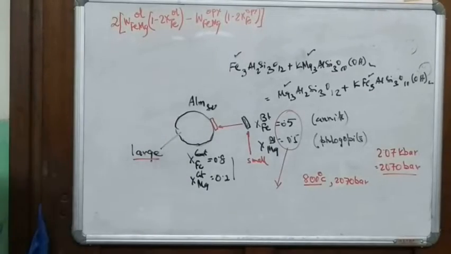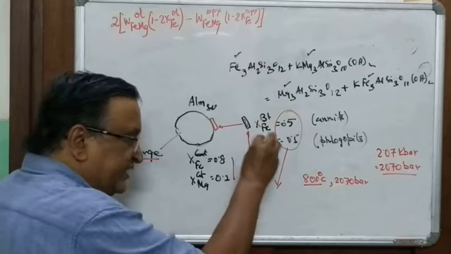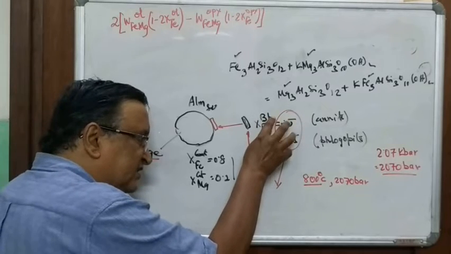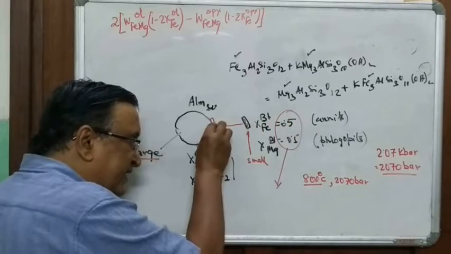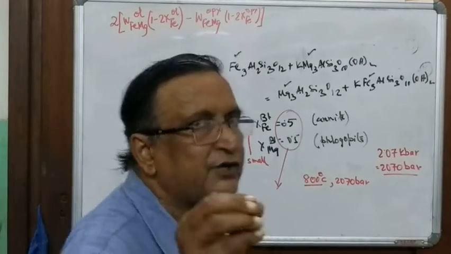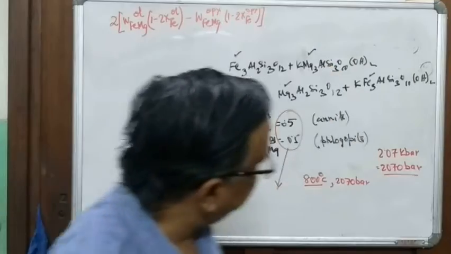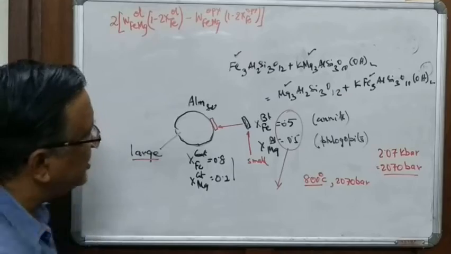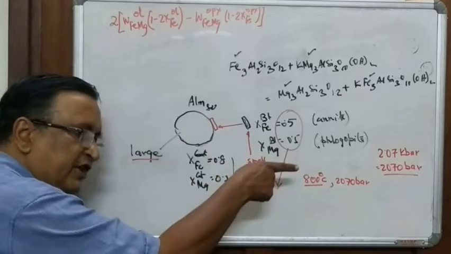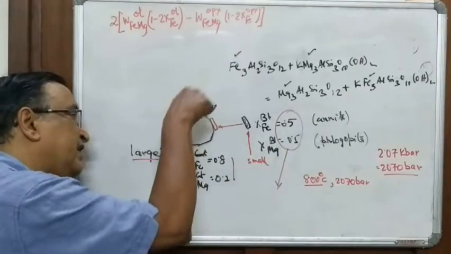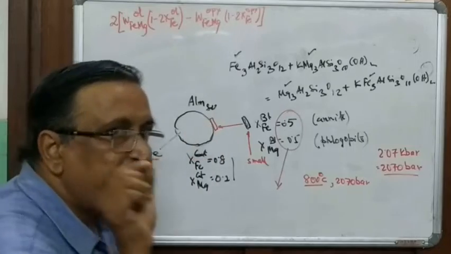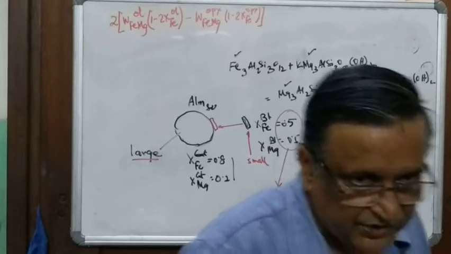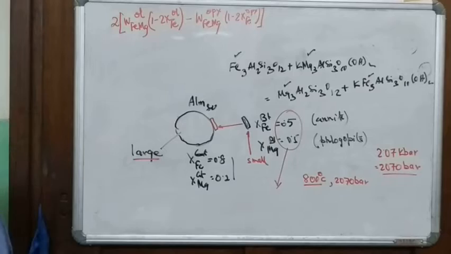Have you understood? This is the starting material. But when you end the experiment, the biotite will have a composition different from this, because this garnet, at that pressure and temperature, has to be equilibrated with biotite at that condition.